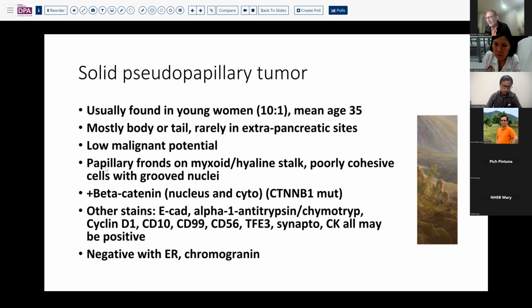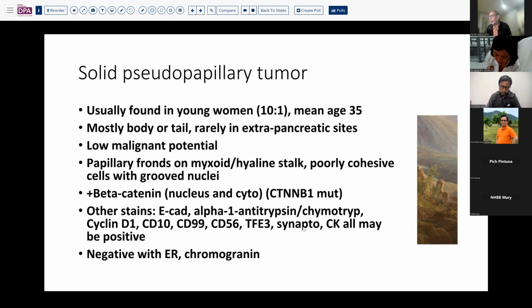So this is the stain that we consider most useful in this lesion to distinguish it from neuroendocrine tumors, because neuroendocrine tumors will not be positive with beta-catenin. And so we will do this stain if there's any doubt in terms of the etiology.